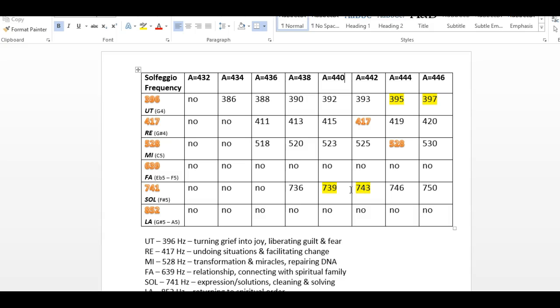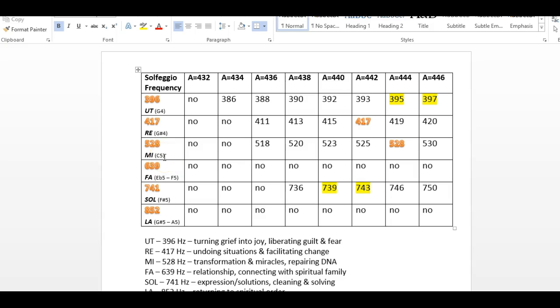Now, what some people are doing is they have a G strings tuner that you can get on your phones, and it will show you the specific frequency, so you can play the note. The 396 is close to a G above middle C. The 417 is close to a G sharp.